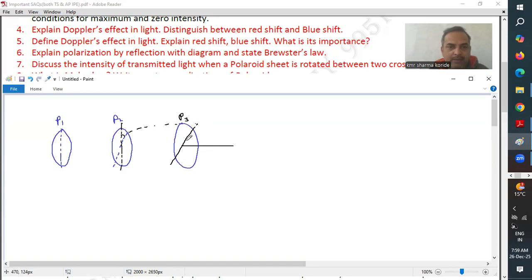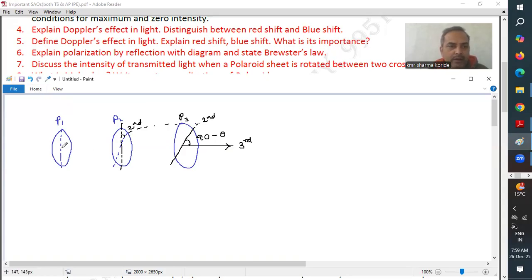Which means the angle between these two is pi by 2 minus theta, 90 minus theta. The angle between the transmission axes of the first and second is theta. The angle between the transmission axes of the second and third is 90 minus theta.